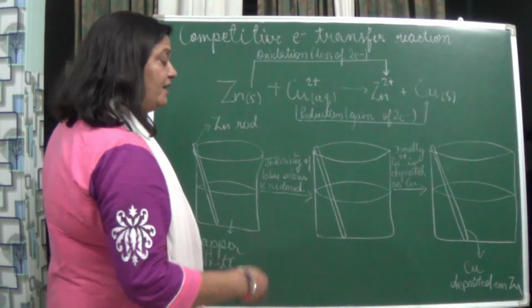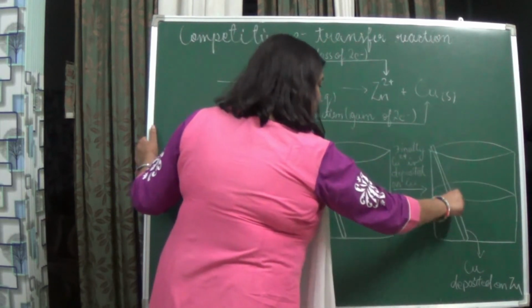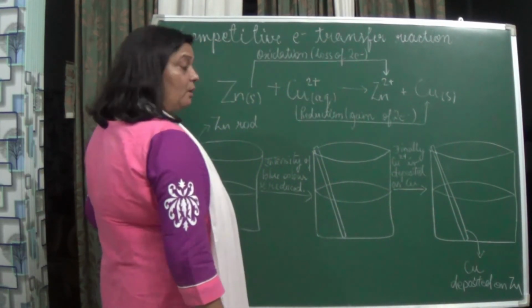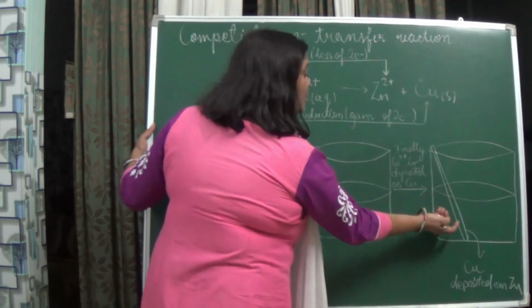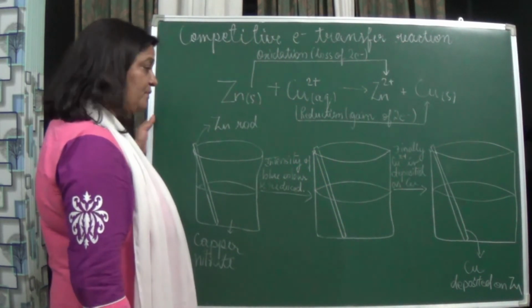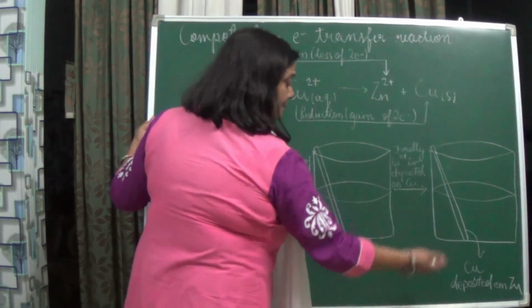Finally we see that copper is deposited on the zinc rod, and the blue color of the solution has vanished. The change in intensity can be noticed step by step.